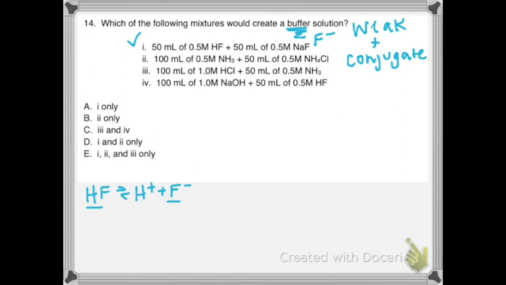Okay, for the second one now, we have ammonia and ammonium chloride. So we know ammonia is a weak base. And with water, it reacts to form NH4 plus and OH minus.